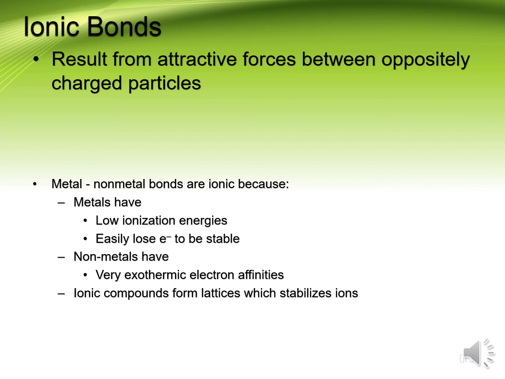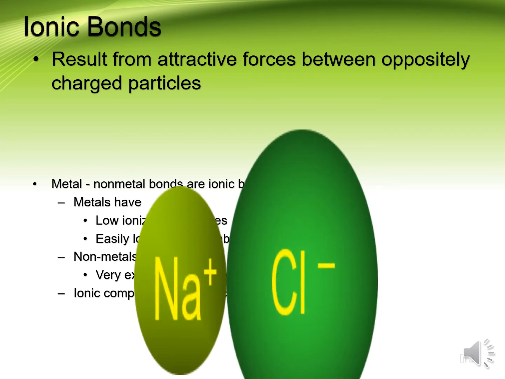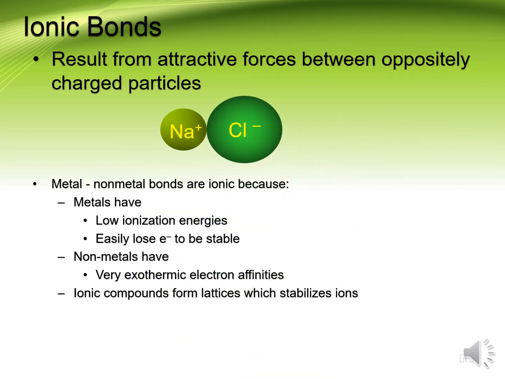Metal and non-metal bond ionically due to the property of metal that has low ionization energy, and due to the property of non-metal that has very exothermic electron affinity. Metal loses electrons and this requires energy, while for non-metal the electron is added, so energy is released.